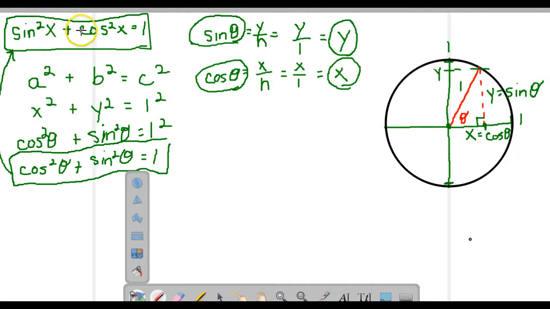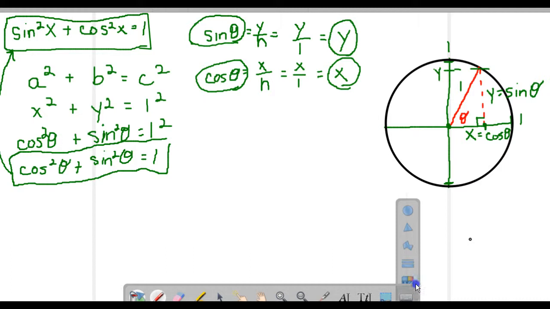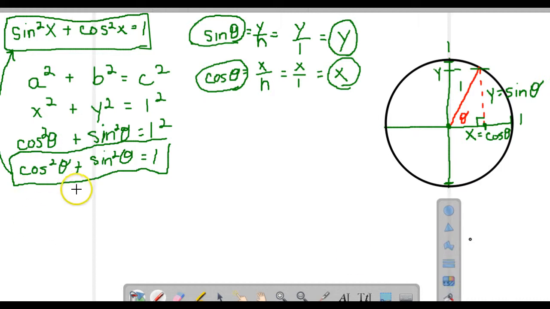And remember, we can manipulate this identity. Sometimes they'll put the cosine squared of x on the other side. These are switched, but they're the same thing. If we put the cosine squared of theta on the other side, then we end up with sine squared of theta equals 1 minus cosine squared of theta.